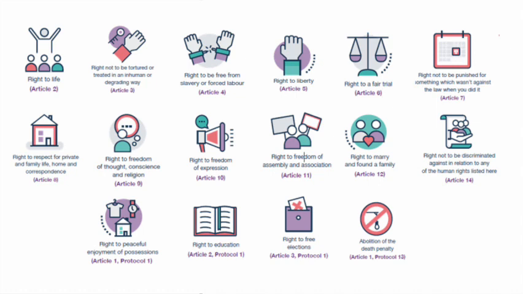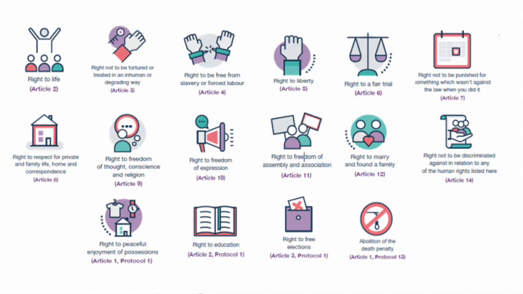Article 6, the right to a fair trial. 7, the right not to be punished for something which wasn't against the law when you did it. 8, the right to respect for private and family life, home and correspondence. 9, the right to freedom of thought, conscience and religion. 10. The right to freedom of expression.